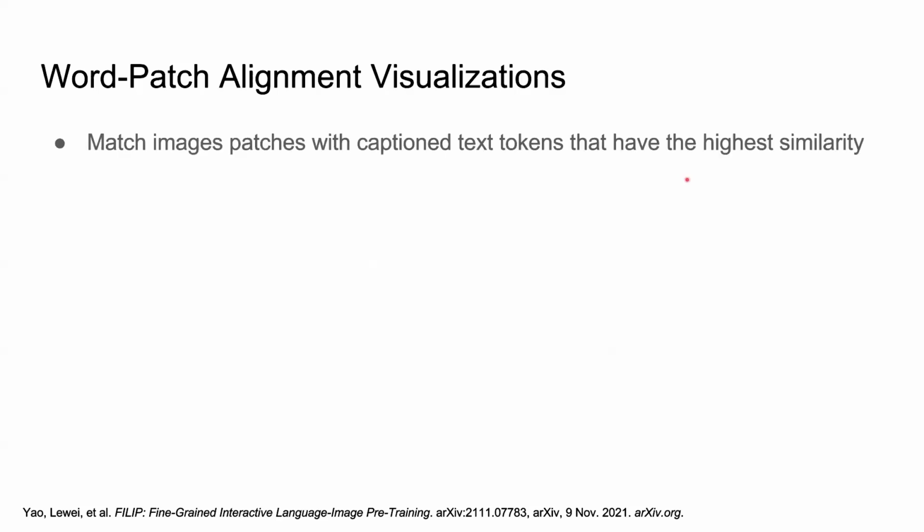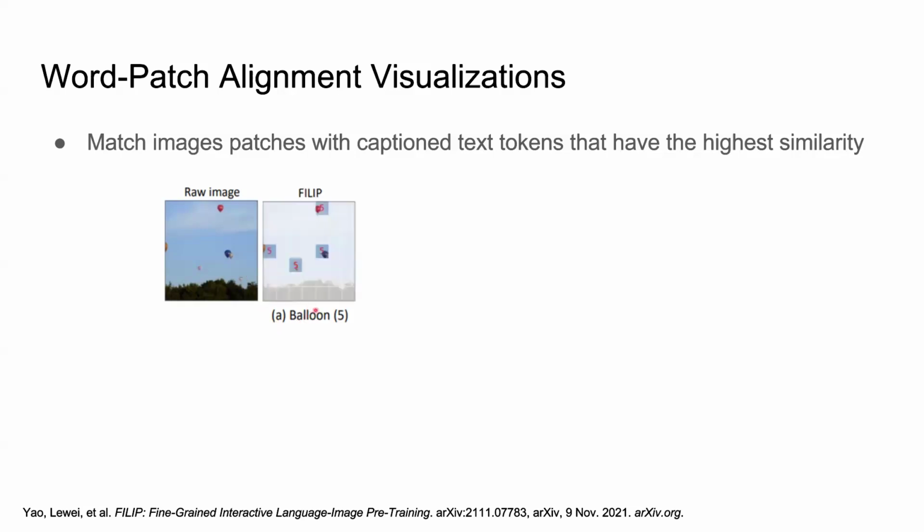All right, then they give us some nice visualizations for how we might potentially leverage it. So with FILIP, they match image patches with caption text tokens that have the highest similarity. And they're going to show how they do that now in practice. So here's a raw image. We see some balloons. And the 5th index of the caption for this, they have all their templates they're using, but the label is balloon.